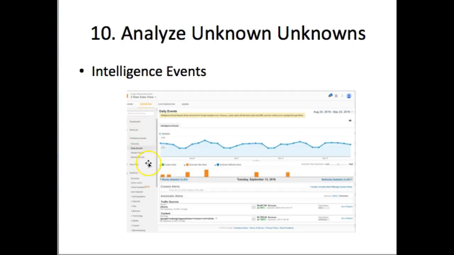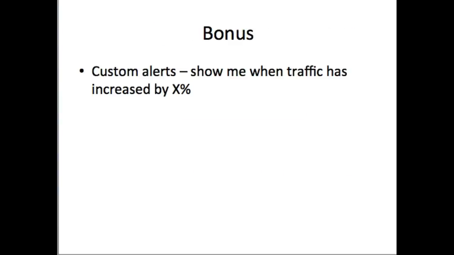And I just opened up daily events, but you could do weekly events as well. And so you can set the alert sensitivity from low to high. I think low is 7 standard deviations away from the norm. But what it does is it allows you to identify something that you didn't know and the client didn't know. And so this makes you, again, look really smart when you go to the client.